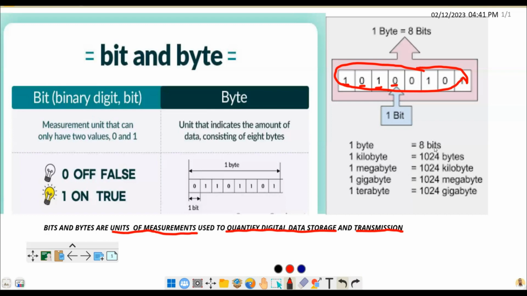Then I have images, which are photos. I can also have audio, which is sound. Then we have videos, a combination of both images and sound, and a series of binary digits. The amount of data that can be stored in a device is typically measured in kilobytes, megabytes, gigabytes, and terabytes.